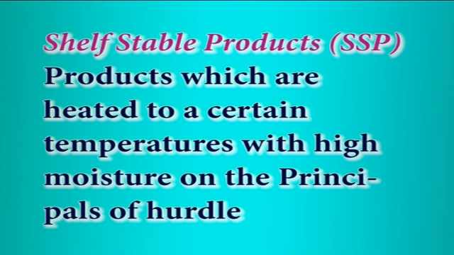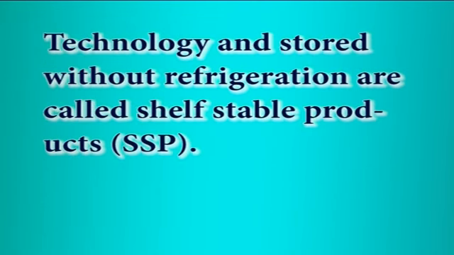Shelf stable products or SSP. Products which are heated to a certain temperature with high moisture on the principles of hurdle technology and stored without refrigeration are called shelf stable products, abbreviated as SSP.